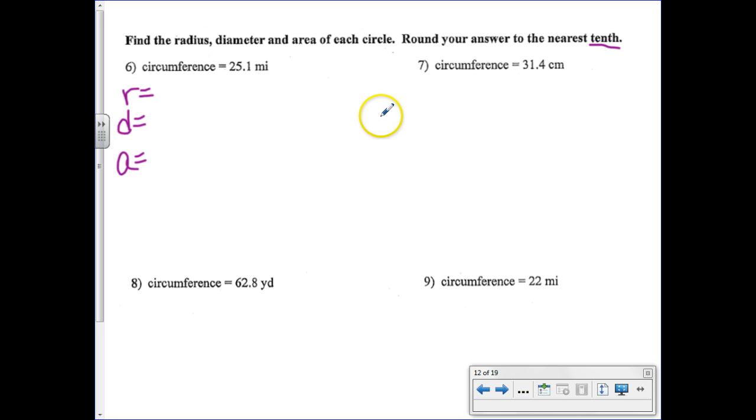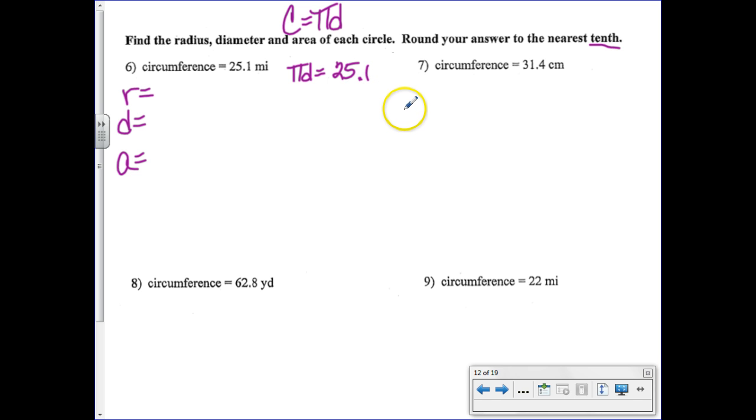Now, here's what I'm looking at. Circumference is 25.1. That means pi times diameter, because circumference means pi times diameter. Pi times my diameter is 25.1.